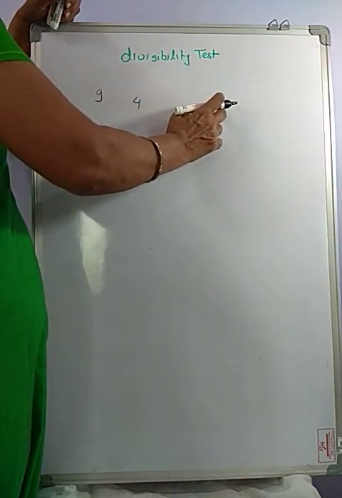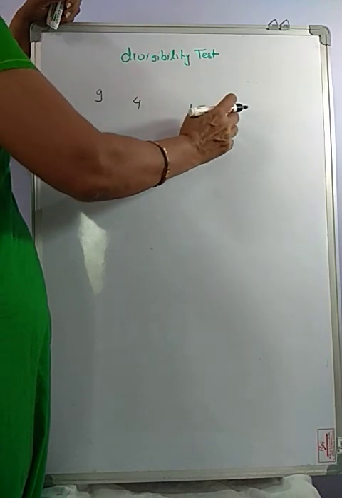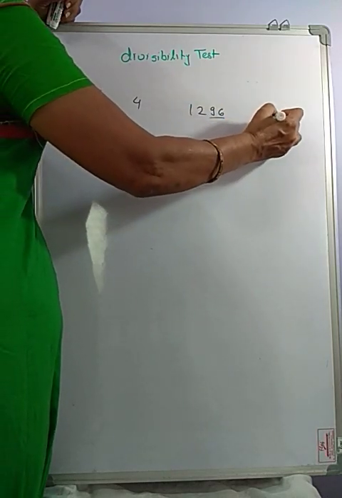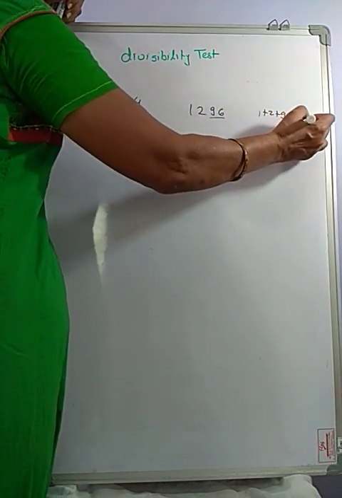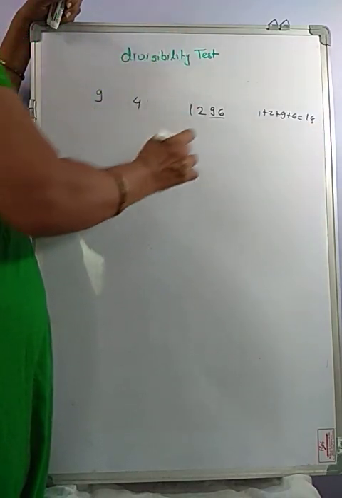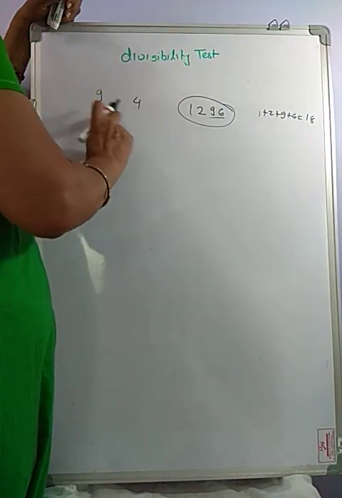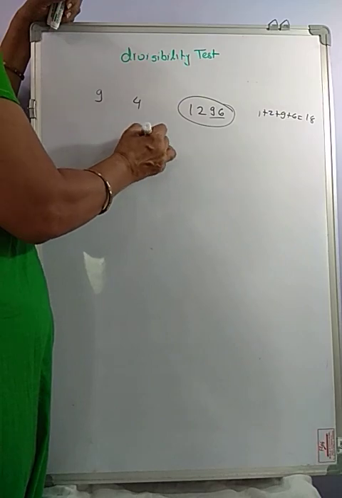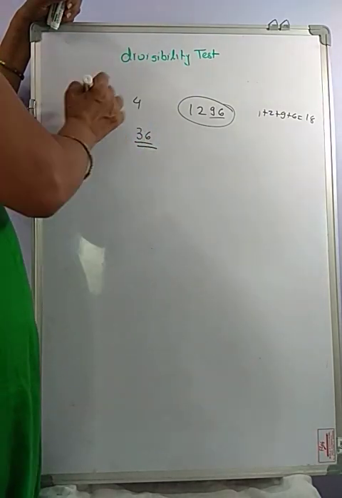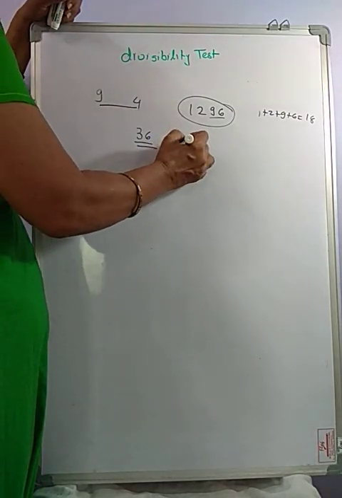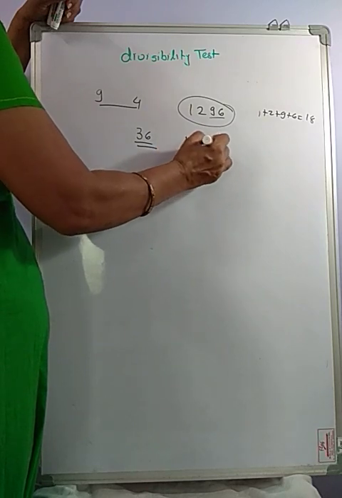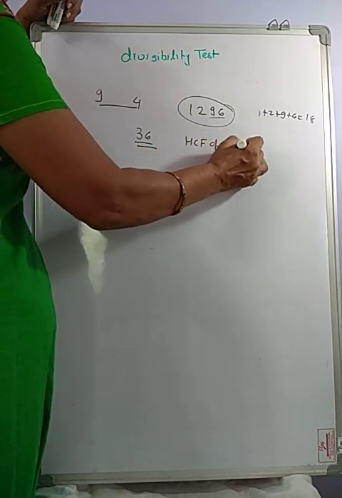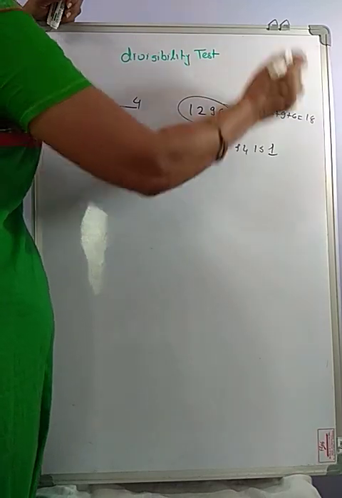And the sum 1 plus 2 plus 9 plus 6 is equal to 18. So it is divisible by 9 also. Therefore this number will be divisible by 9 into 4, 36 also, because here the HCF of 9 and 4 is 1.